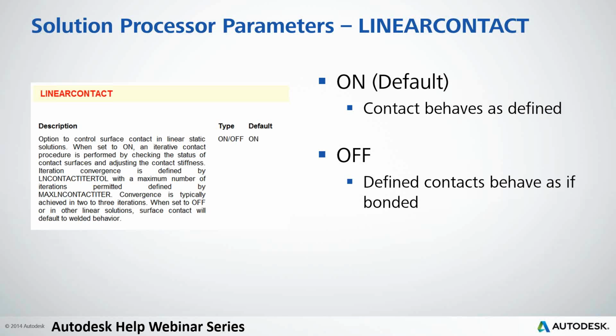But if you change that parameter to off, it's actually going to behave as if everything were bonded, or in Nastran solver terms, welded. If you read the reference manual, it says welded. That's the same as the Nastran In-CAD bonded contact. So this is great to make sure that you've actually got the contact occurring between the components within your analysis.